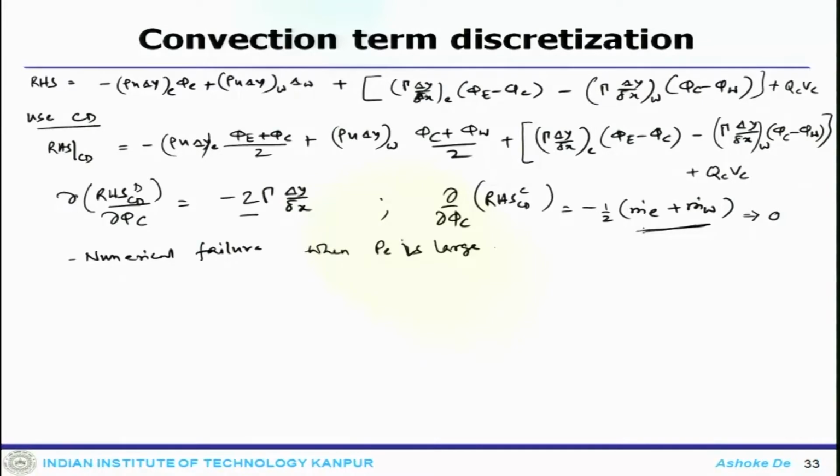What it suggests is that for steady flow, the net convective flux computed using the CD scheme is independent of phi C. Therefore, this will result in the same net convective flux over centroid C.